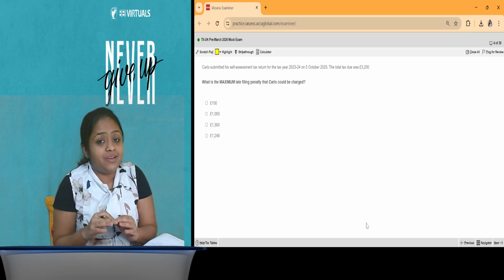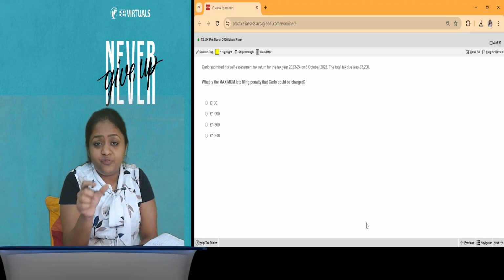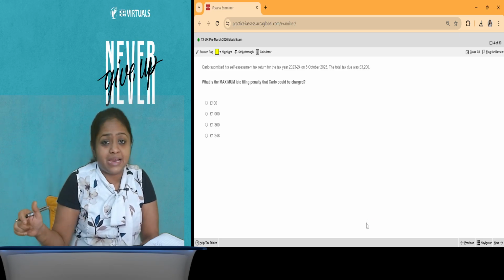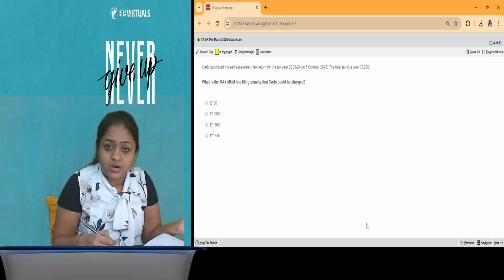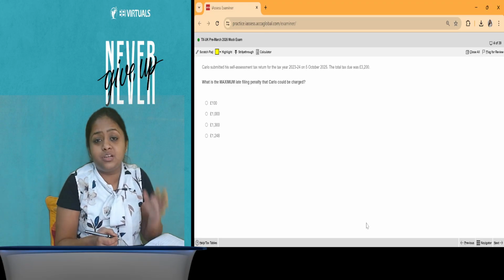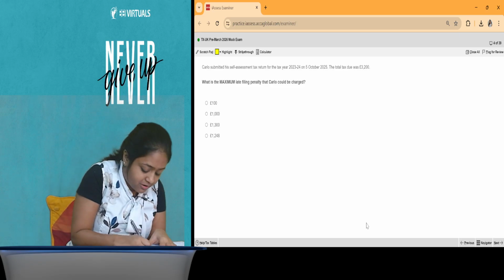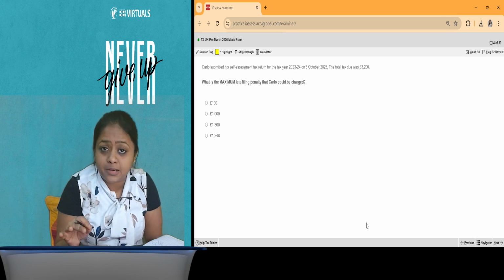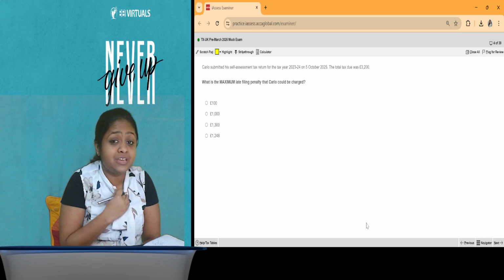Then with this I will add the penalty for 3 to 6 months, which is 10 per day for a maximum of 90 days. Since it is going beyond 6 months, it will also have this penalty of 10 into 90, which is 900. Then we add the higher of 5% of the unpaid tax or 300, whichever is higher.